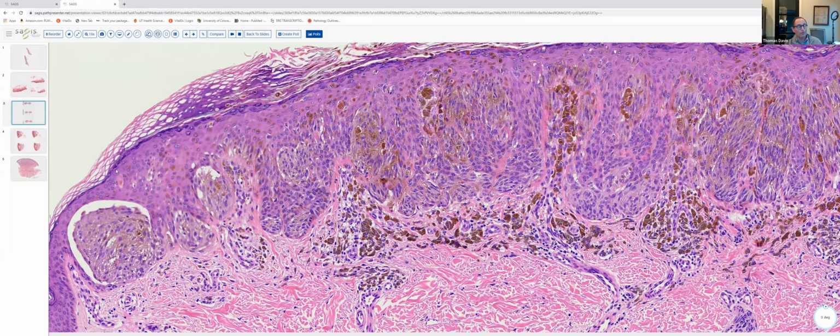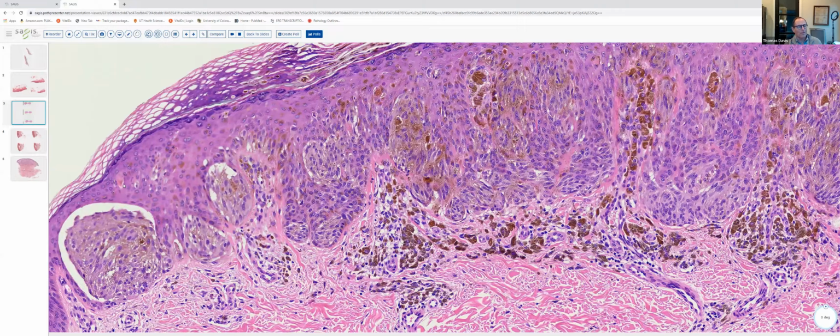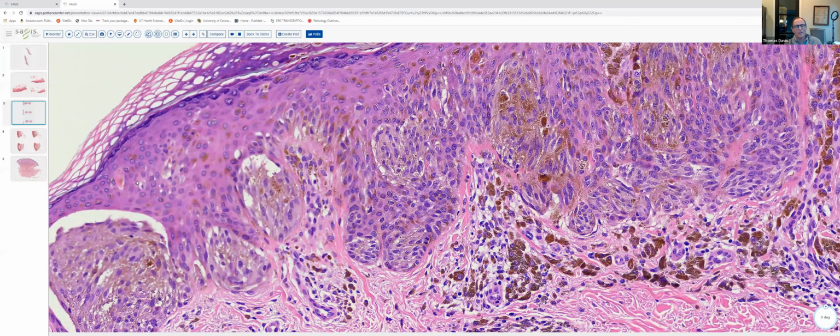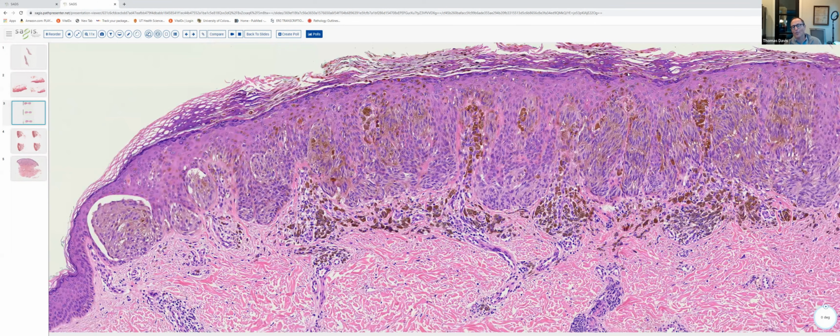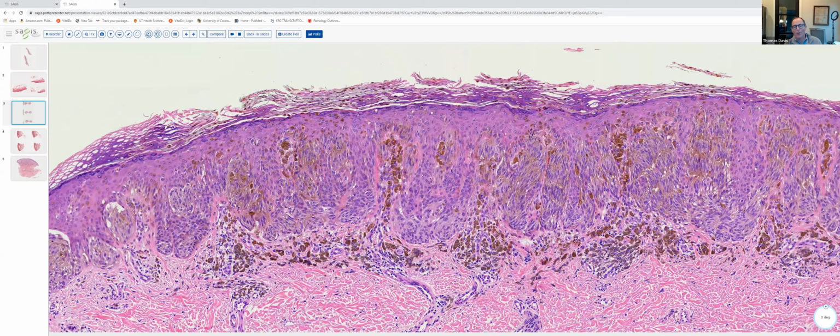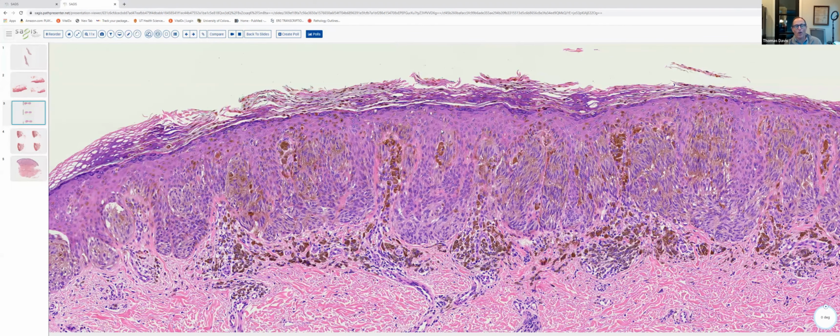There are a few dull pink globules or Kamino bodies present within the epidermis. There's hyperkeratosis, hypergranulosis, epidermal hyperplasia, and again, a predominance of these elongated nested aggregates arranged along the dermal epidermal junction.